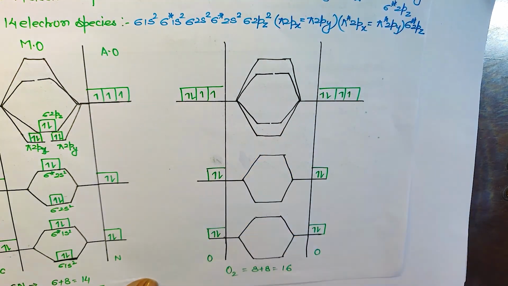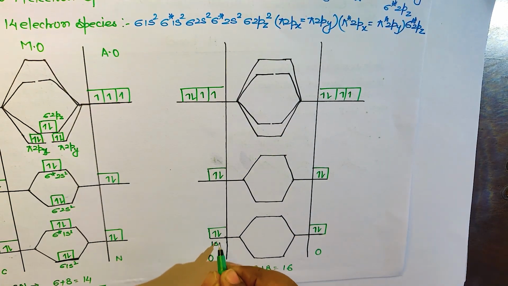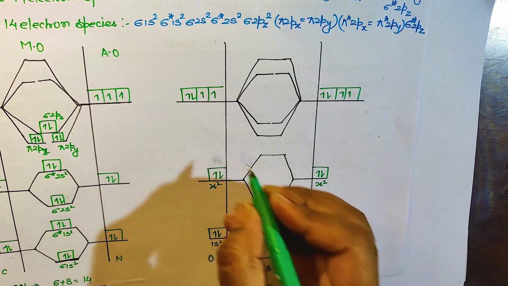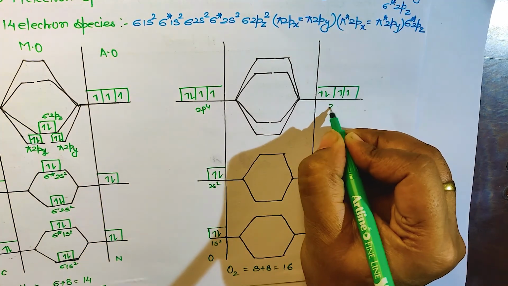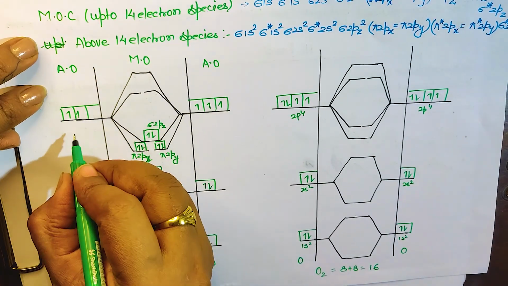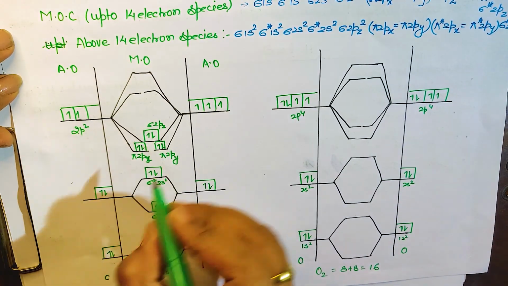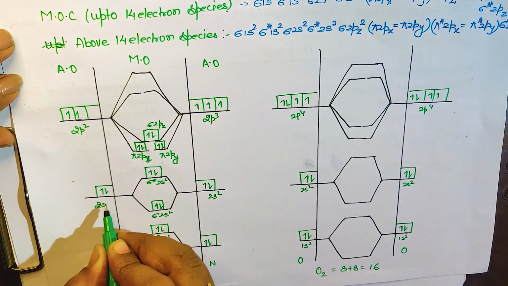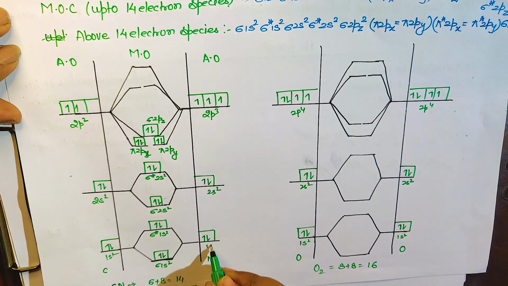So same. Clear? Any problem? Let me write here 1s2, 1s2, 2s2, 2s2, 2p4, 2p4.